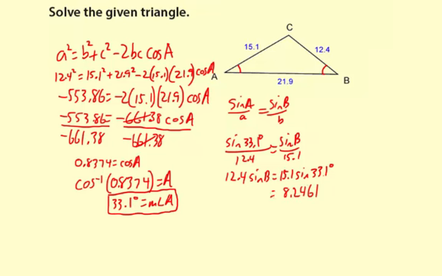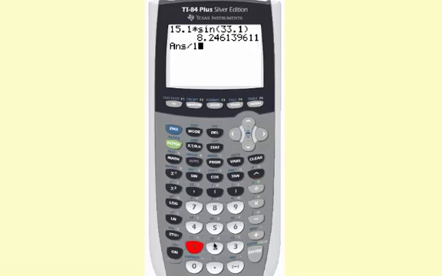And that's equal to 12.4 times the sine of B. Solve for the sine of B, divide both sides by 12.4. So divided by 12.4, 0.6650.